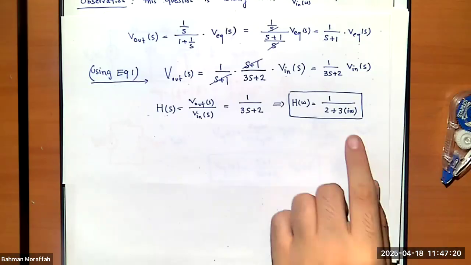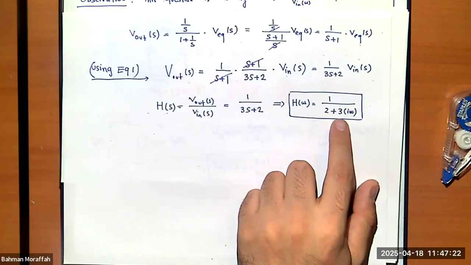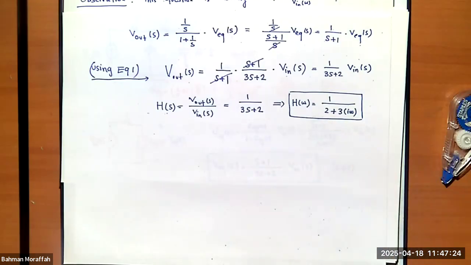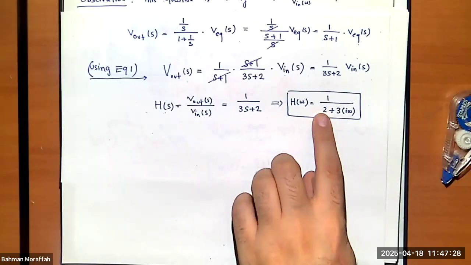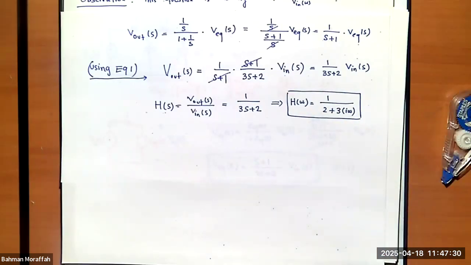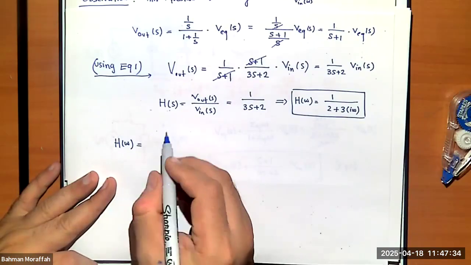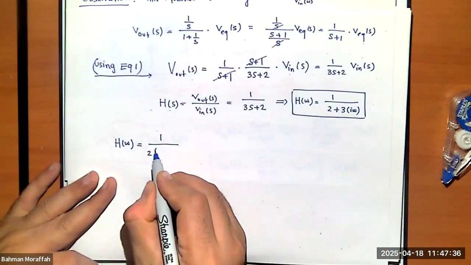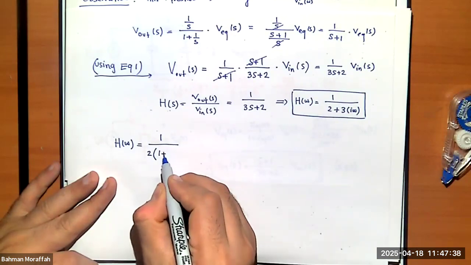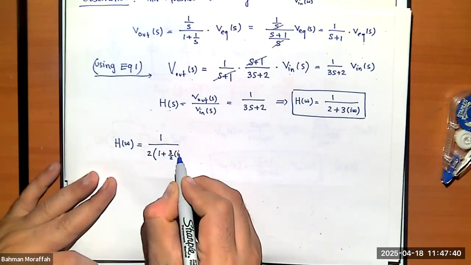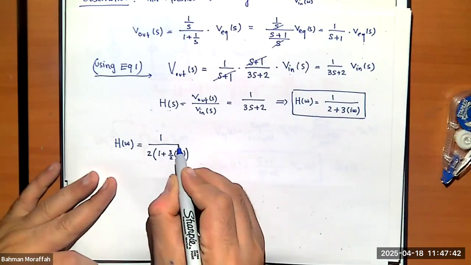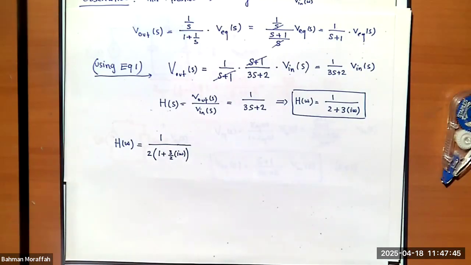All we have to do is to make sure this denominator is written in the form that I am comfortable with. So all we got to do is to make this 2 a 1. So I have to factor out that 2. So I can write H of omega as 1 divided by 2 times 1 plus 3 over 2 i omega.